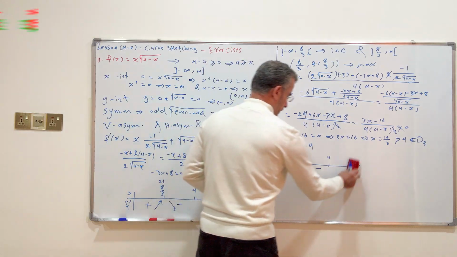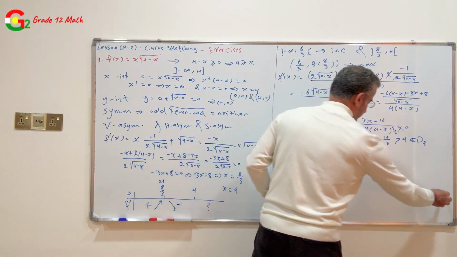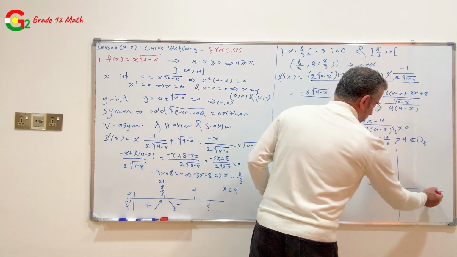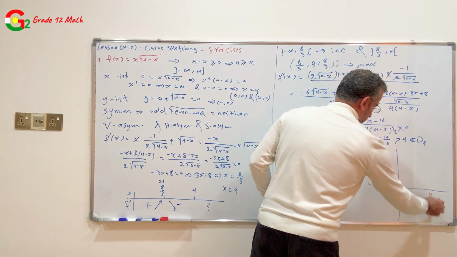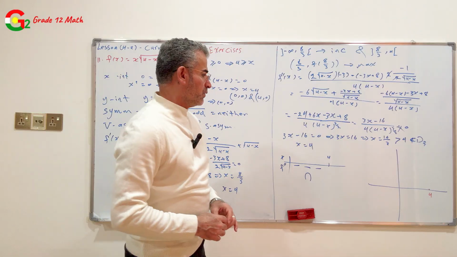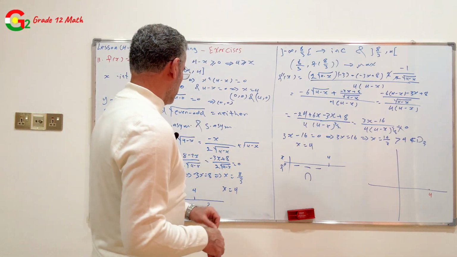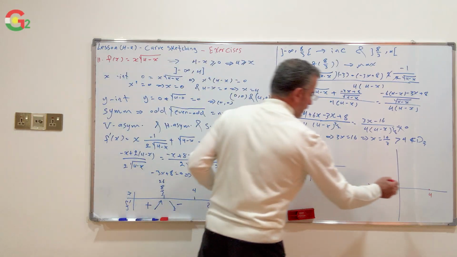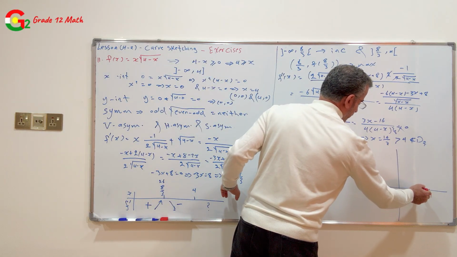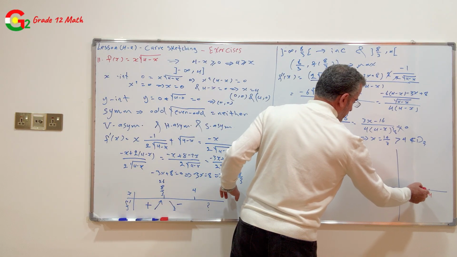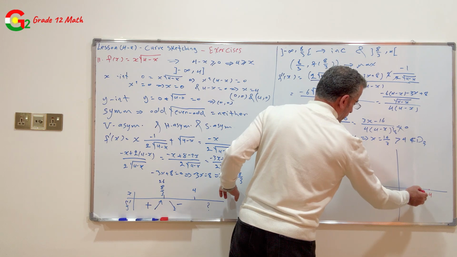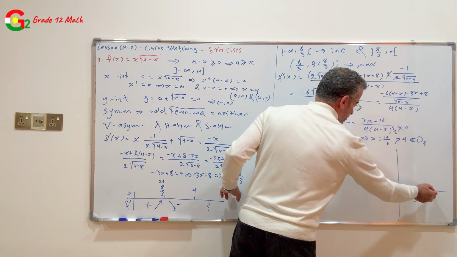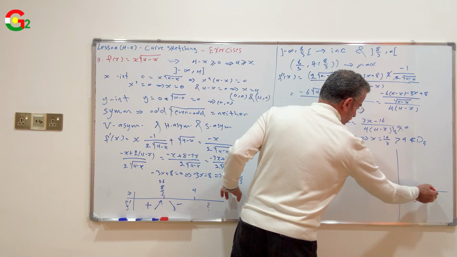The graph of this function will be: the domain is from negative infinity to 4, and we have a local maximum value at x equals 8 over 3, this is 8 over 3, it is 2 point something, and 0, 0 is the x and y intercepts.